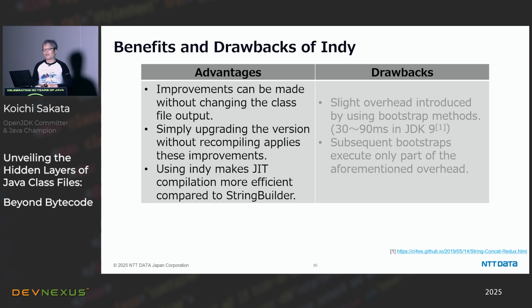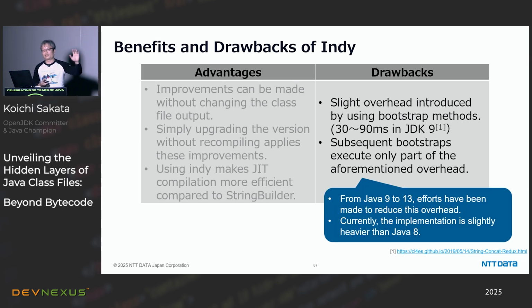To summarize the benefits and drawbacks, one advantage is that improvements can be made without changing the class file output and simply upgrading the version without recompiling applies these improvements. Additionally, using Indy makes JIT compilation more efficient compared to string builder.